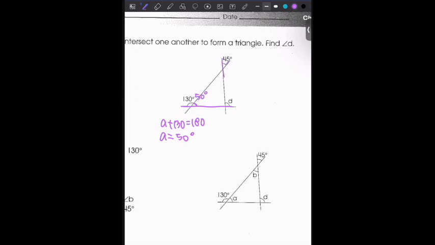And then for these two, we learned previously in the concept that when lines intersect, the angles that are facing each other are going to be identical. The angles here are facing each other. So this angle B is going to be 45 degrees.